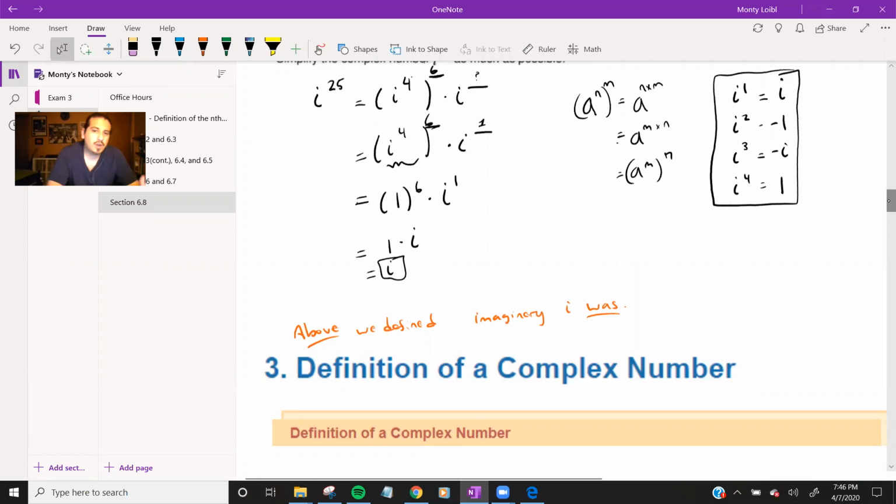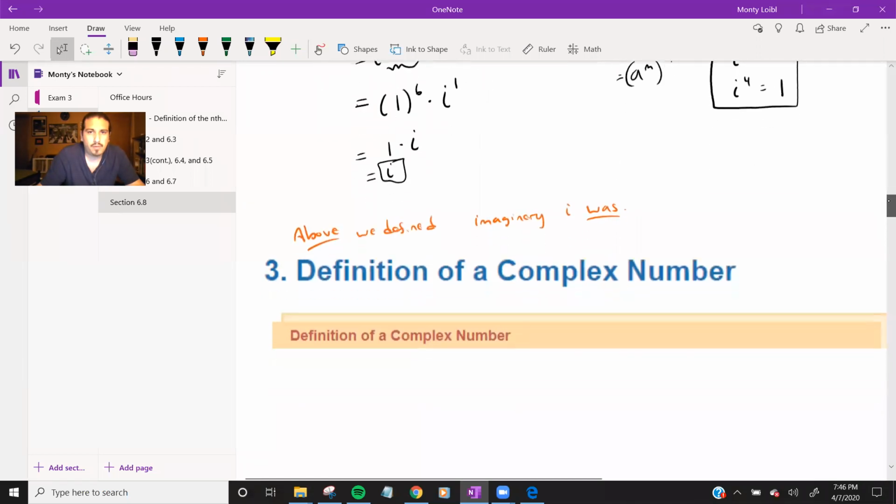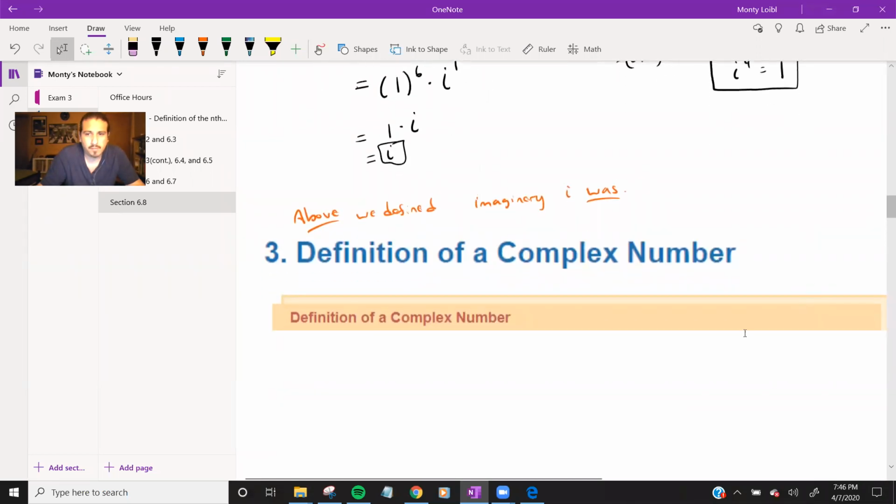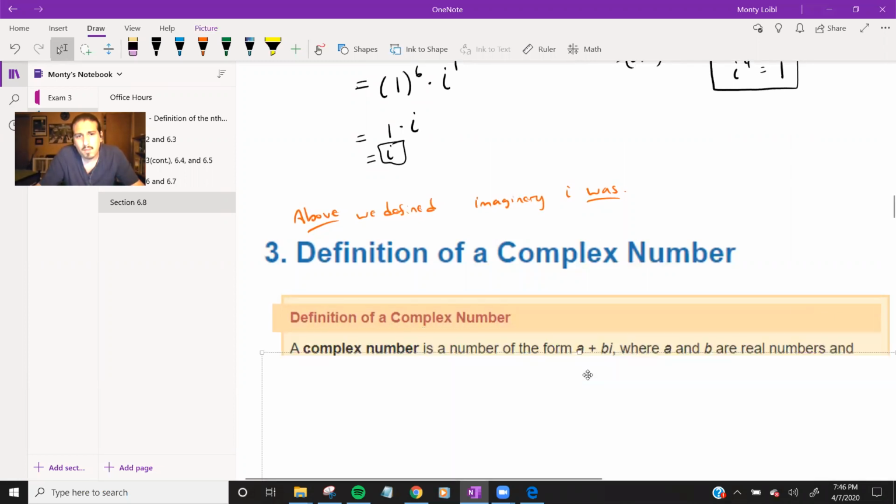So here we're actually going to define what a complex number is, which is what this section is referring to. So I'll move down to about right here if you're still copying that above. So we've got a nice book definition. A complex number is a number of the form a plus bi, where a and b are real numbers, and i is the square root of -1.